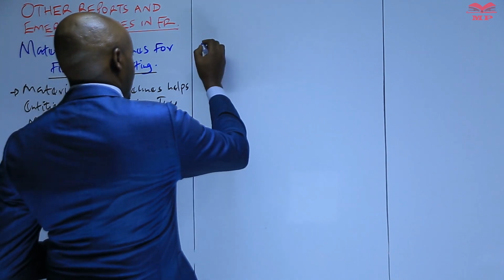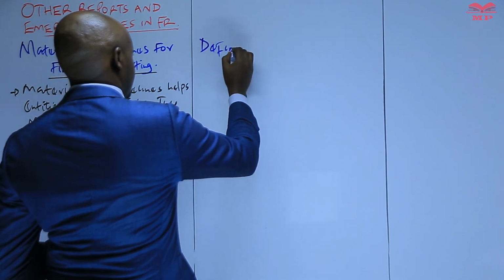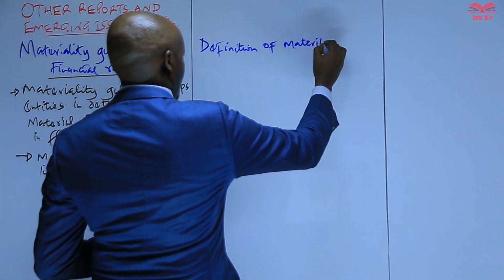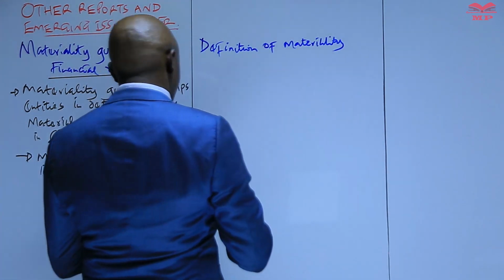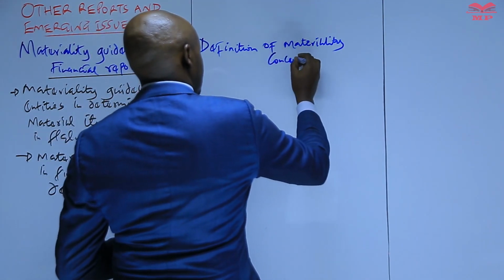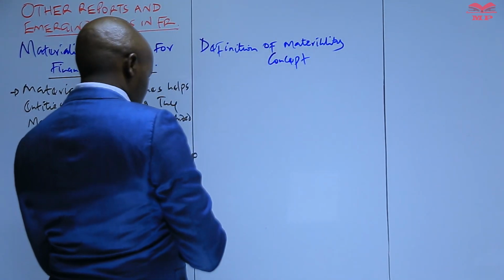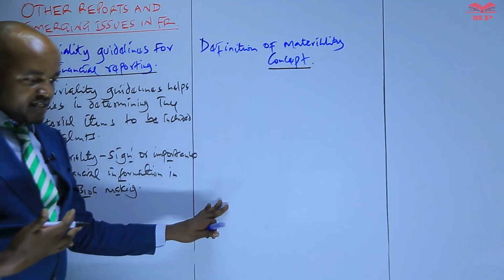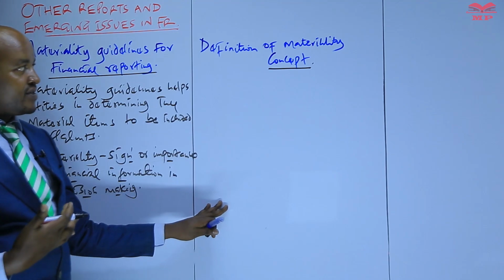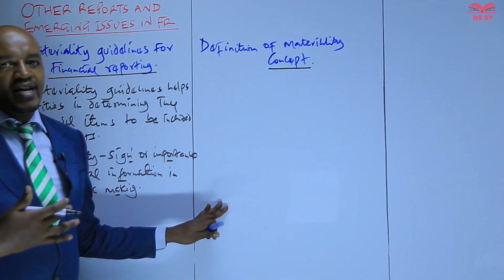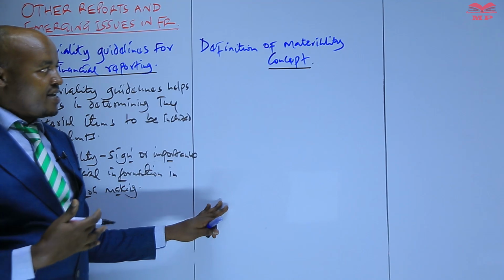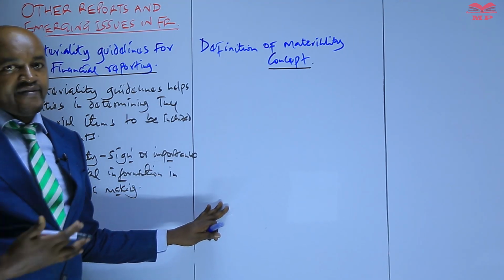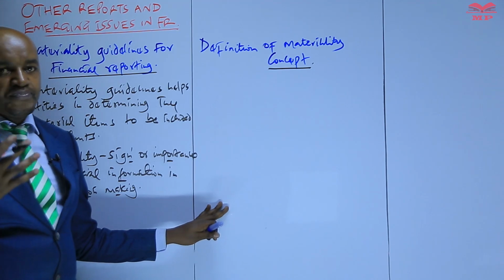Maybe we can further proceed and define the materiality concept in detail. Let's look at the definition of the materiality concept. So already we have said that materiality comes from the word material, and materiality is the significance, or the importance, of financial information as far as decision making is concerned.